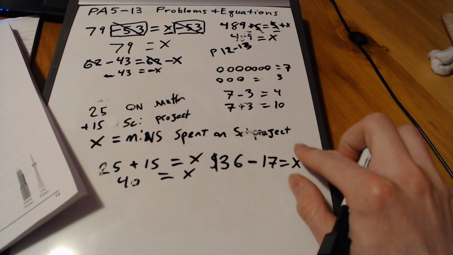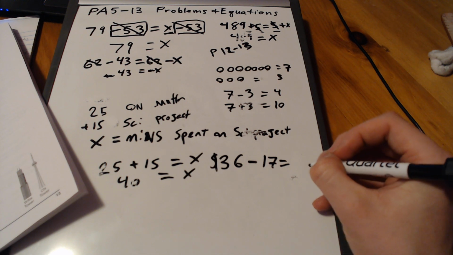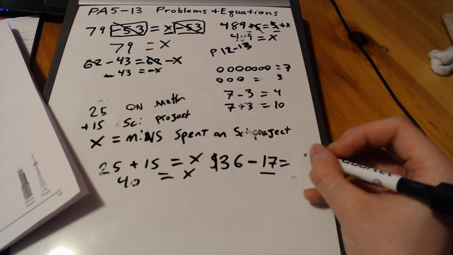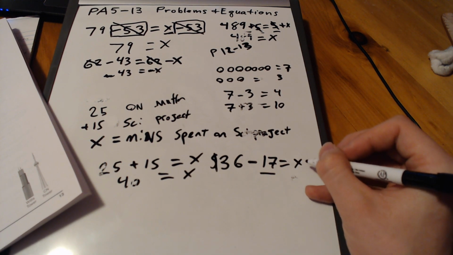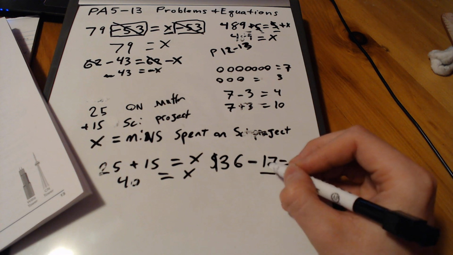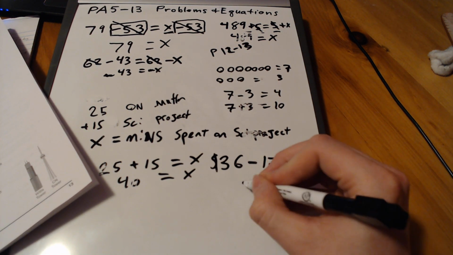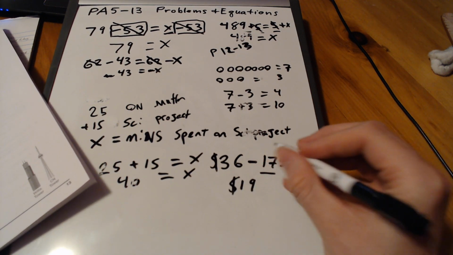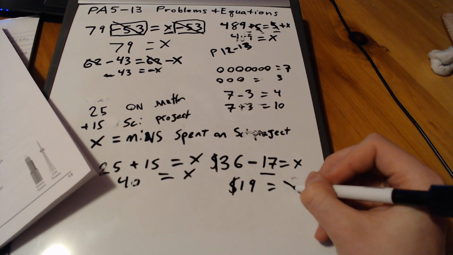Oh no, actually the x is the amount he saved. Yeah, sorry, it's not the difference. This is the difference: 17 is the difference. The x would be how much he actually saved in February. And so you can quickly do the math there, and it would be $19, I believe. 36 minus 17, $19, perfect, equals x.